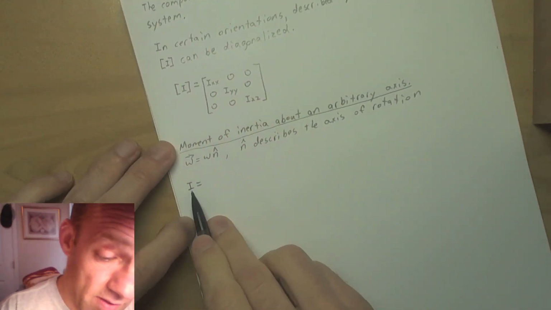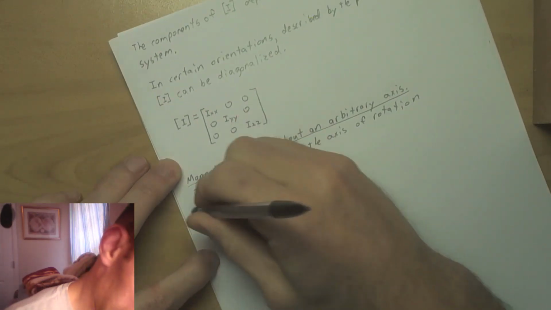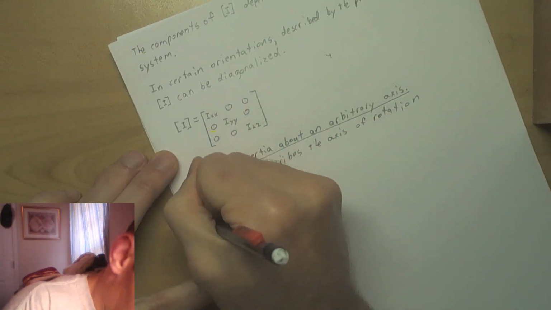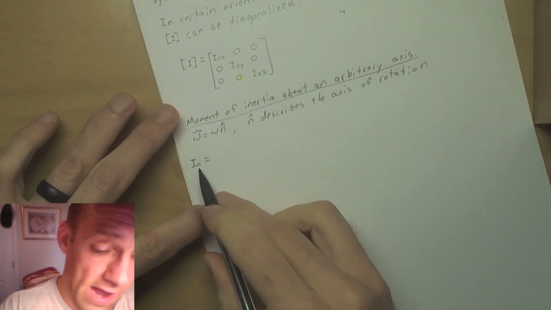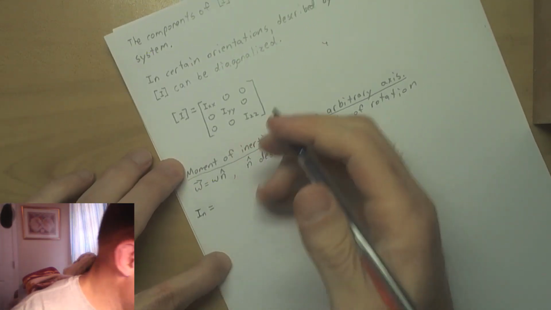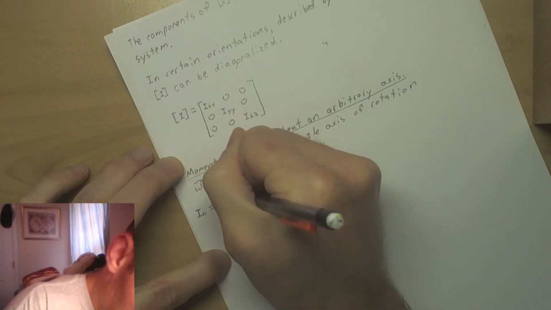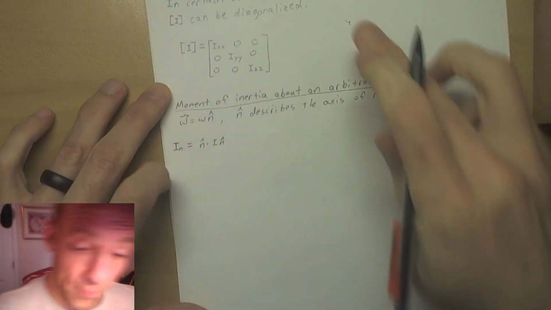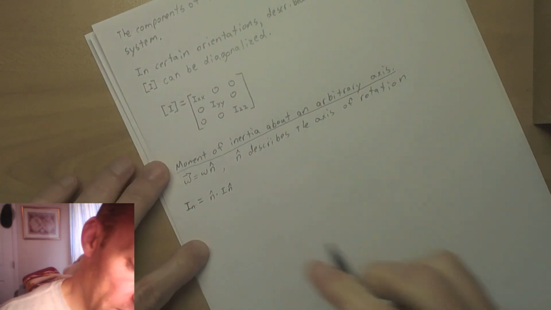So this is just I. Maybe I could call it I sub n, just to be in compliance with the notation here. So the moment of inertia about this arbitrary axis n is equal to that right there.